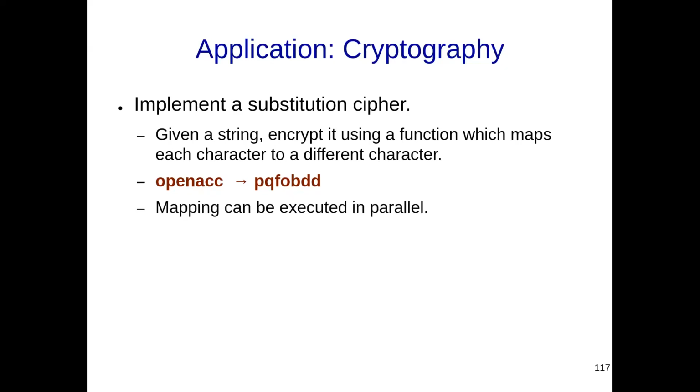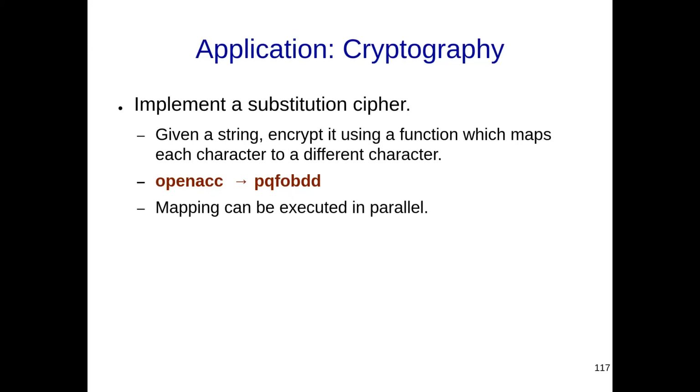The advantage of such a mapping from the perspective of this course is that we can perform this character by character transformation in parallel, because one is not really dependent on the other. O always maps to P and P always maps to Q. So there is no dependence across parallelizing O first, or executing O's transformation first and then P's transformation and so on.